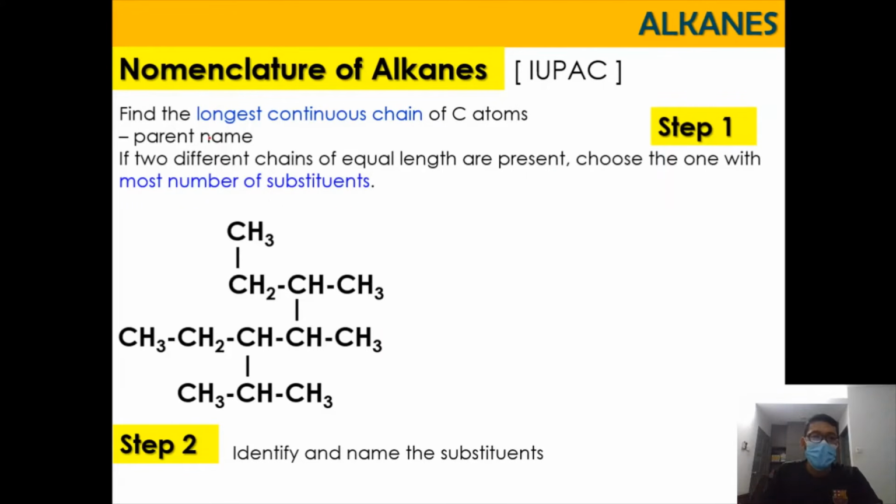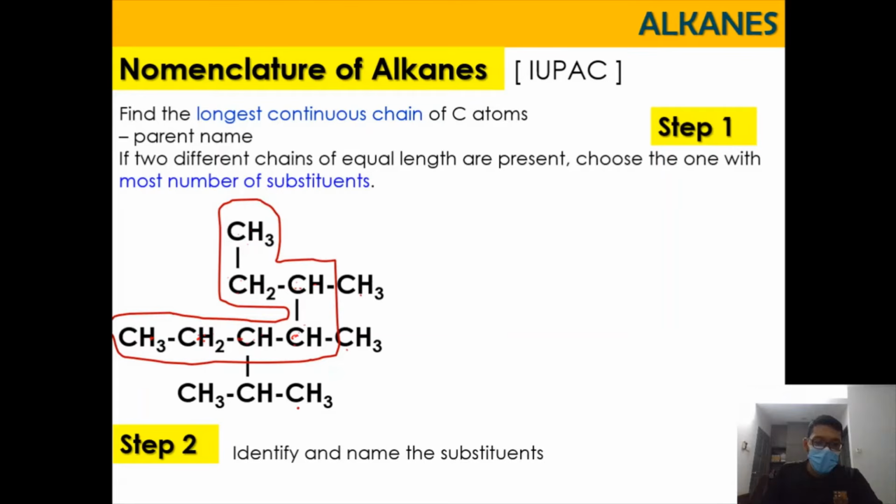So first, we have to find the longest continuous chain of carbon atoms. In this case, I will say that here is going to be the longest: 1, 2, 3, 4, 5, 6, 7. Seven carbon chain, which I suspect is the longest. I cannot do 1, 2, 3, 4, 5 because it is still very short. I cannot do 1 to 6 because it is still short. 1, 2, 3, 4, 5, 6, 7 is the longest.